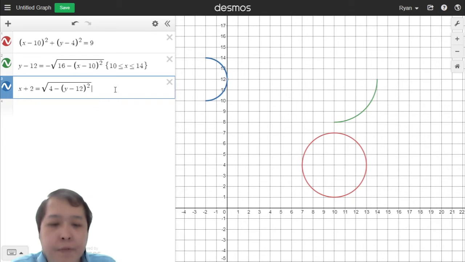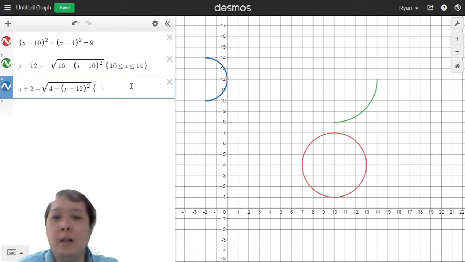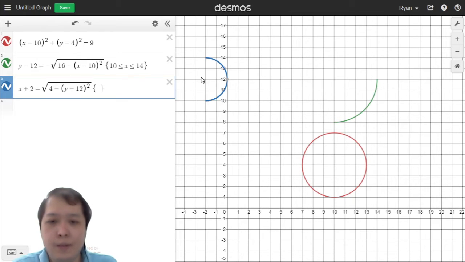And again, the next step, if we want to get a quarter circle of this semicircle, let's say the top right part or bottom right part, we just put a curly bracket for the interval of y. If we use the x interval, it's going to be useless here. Well, almost useless, not completely useless for further things.